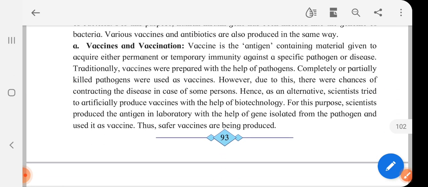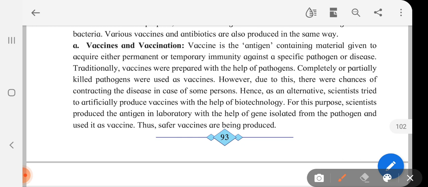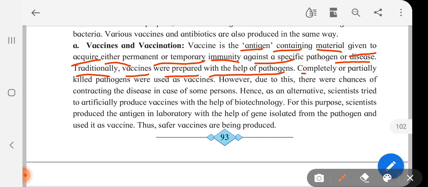Vaccine and vaccination. A vaccine is the antigen-containing material given to acquire either permanent or temporary immunity against a specific pathogen or disease. Traditionally, vaccines were prepared with the help of pathogens. Completely or partially killed pathogens were used as vaccines.